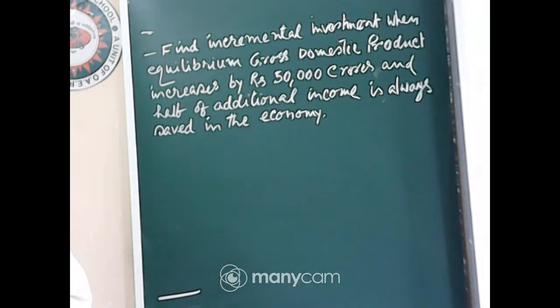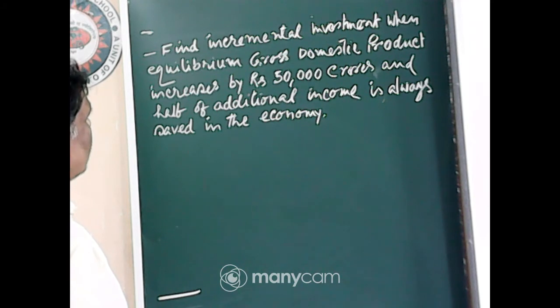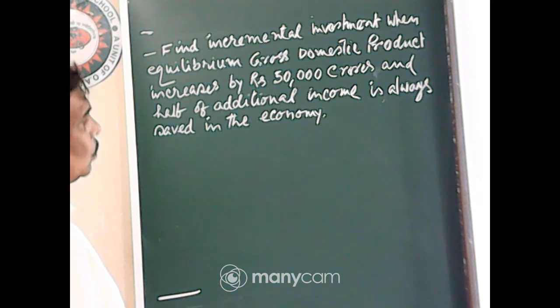Now you have to calculate the sum. What is the sum? Find incremental investment when equilibrium gross domestic product increases by rupees 50,000 crores.